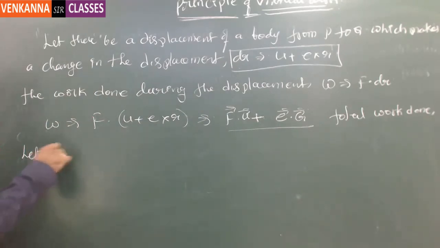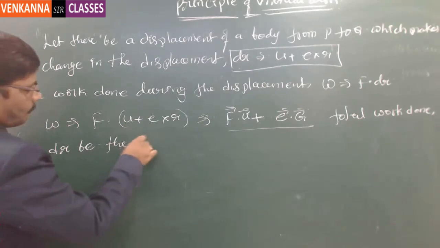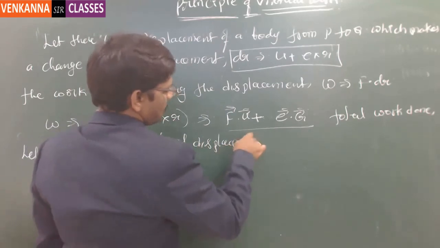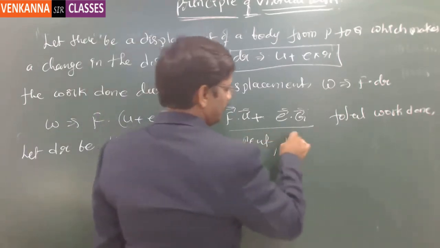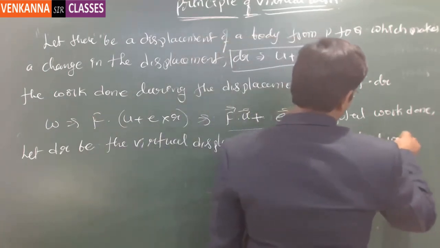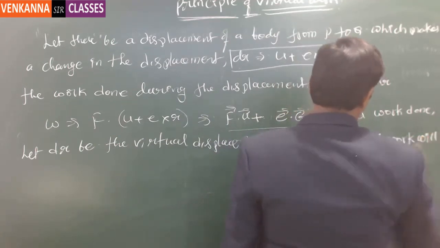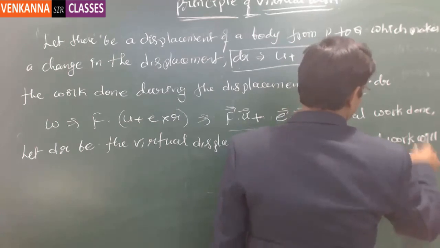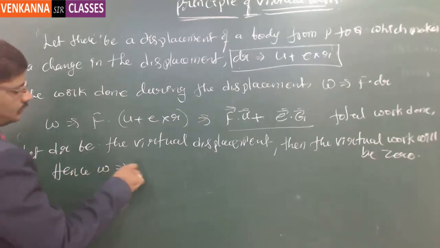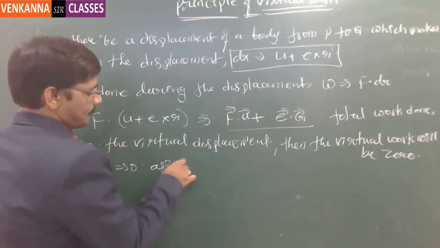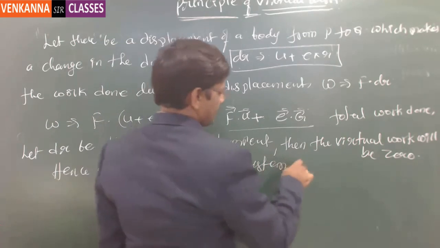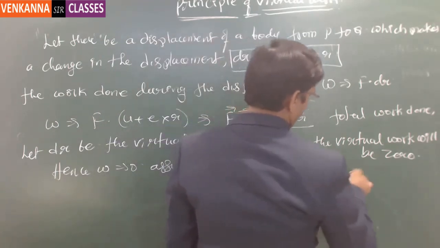So let dr be the virtual displacement, then the virtual work will be 0. Hence W is equal to 0, assuming the system of forces is under equilibrium condition.